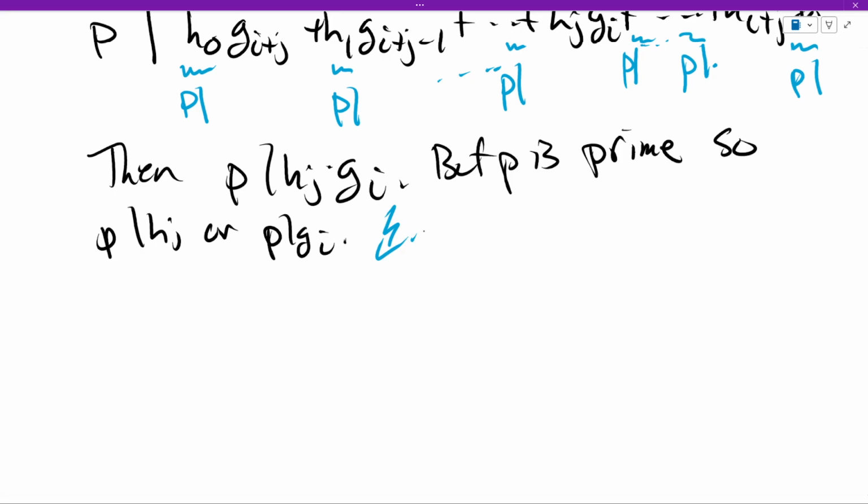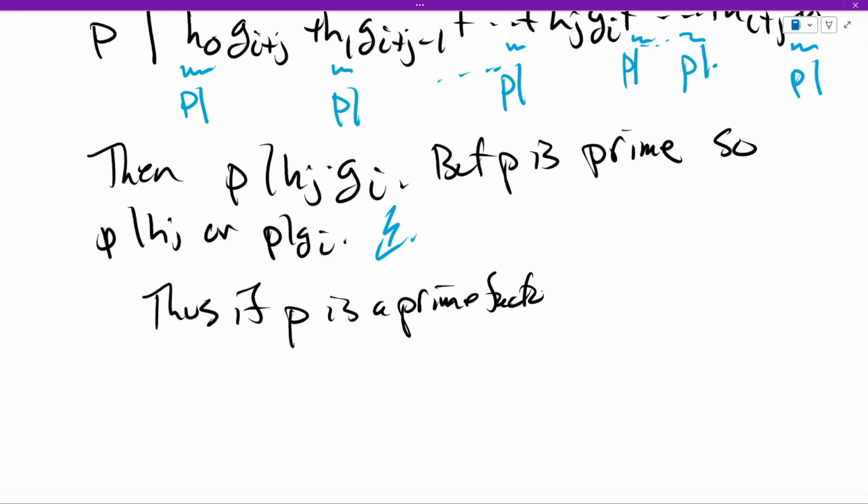Okay, so what must be true? Well, if we have a prime factor of n, it can't be that it fails to divide all of the coefficients of one of them. So p must divide all of the coefficients of g prime or all the coefficients of h prime.